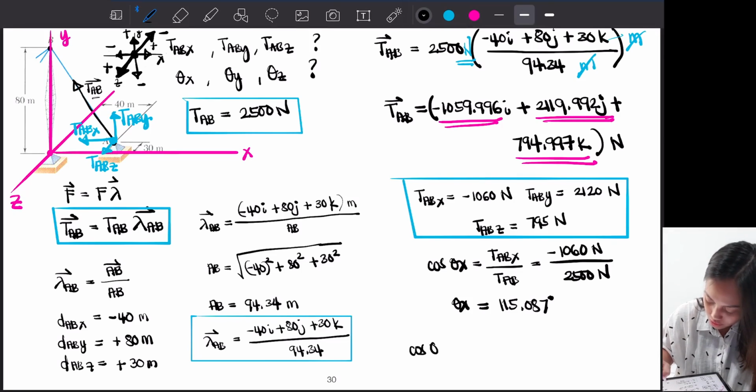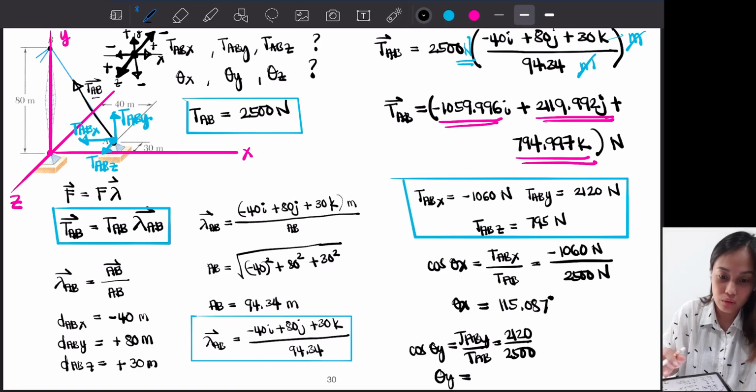Then, cosine theta y is TABy over TAB, which is equal to 2120 over 2500. Theta y therefore is equal to the arc cosine of 2120 over 2500, which is 32 degrees.